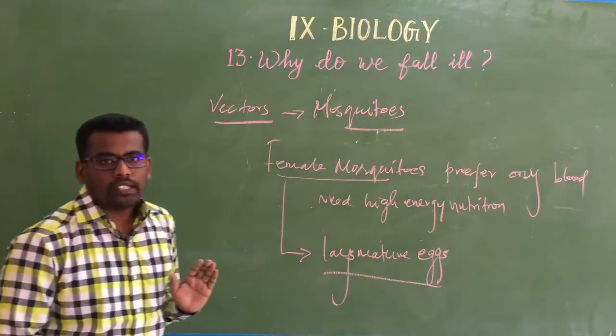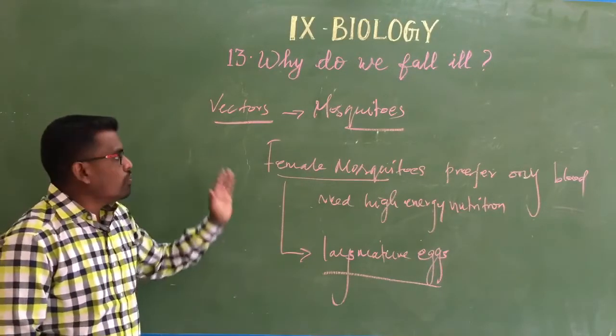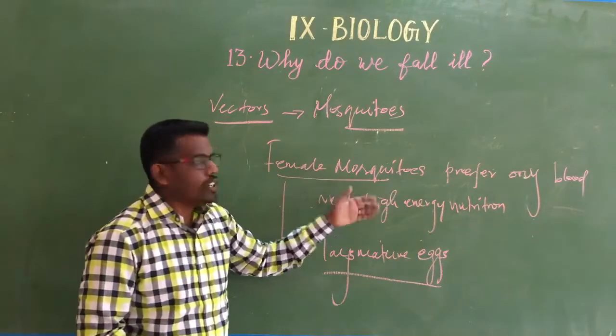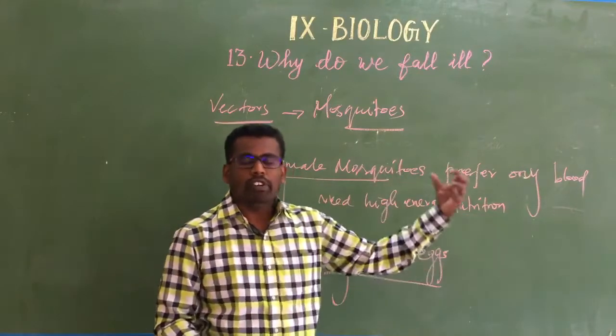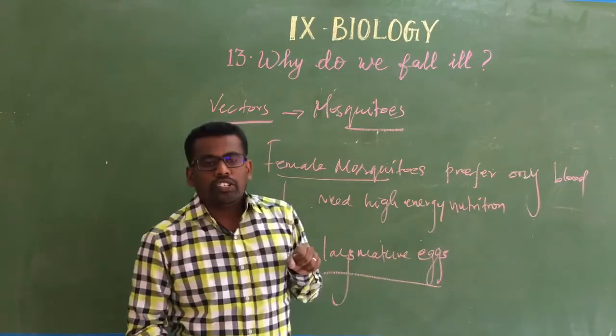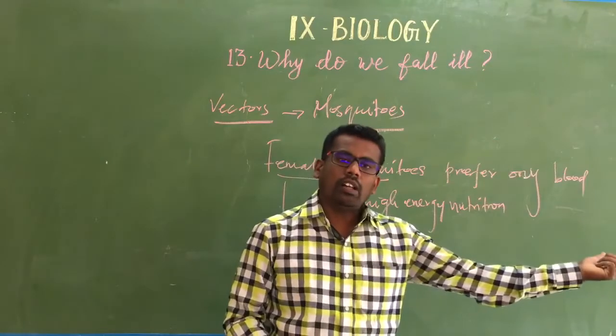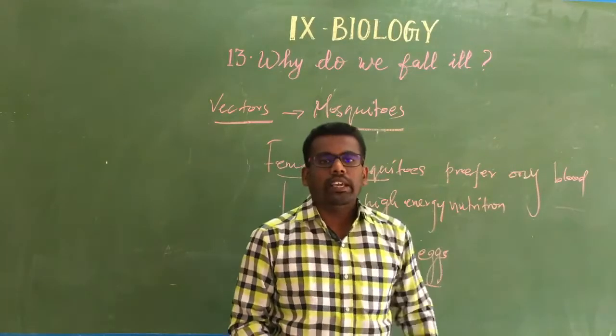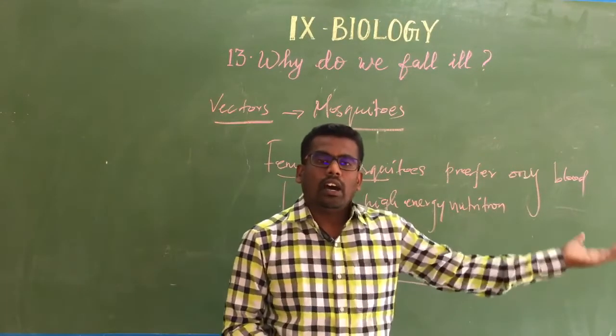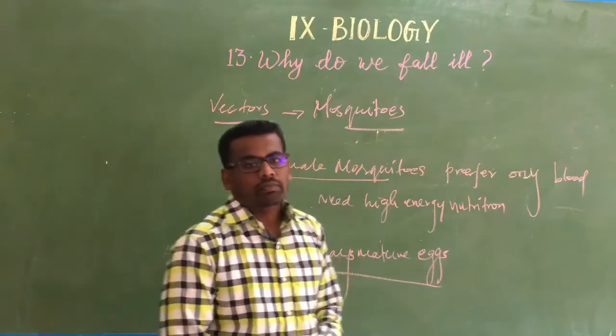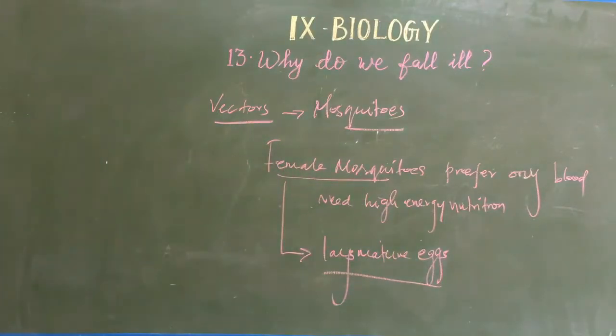The mosquito is a vector. When the mosquito bites an infected person, it carries the pathogen. When it takes another's blood, it drops the same pathogen, and then the other gets infection. So the mosquito acts as a vector.